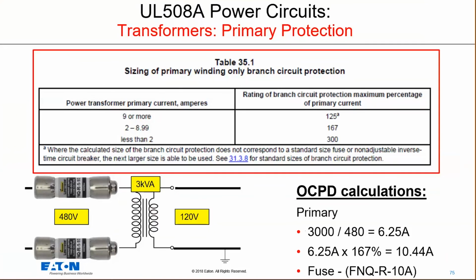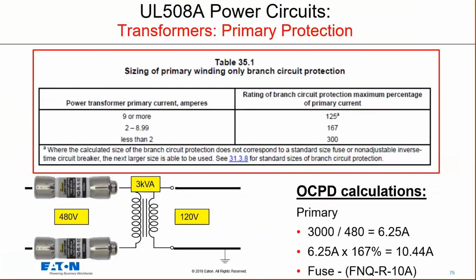If you look over to the right, I have my overcurrent protection device calculations. So I have my primary, which is a 3000 VA transformer divided by the voltage on the primary, which is 480 volts. That's 6.25 amps. I multiply that by the 167% up top from the chart, because in this particular case, once again, it is a transformer whose current is between 2 and 8.99 amps.